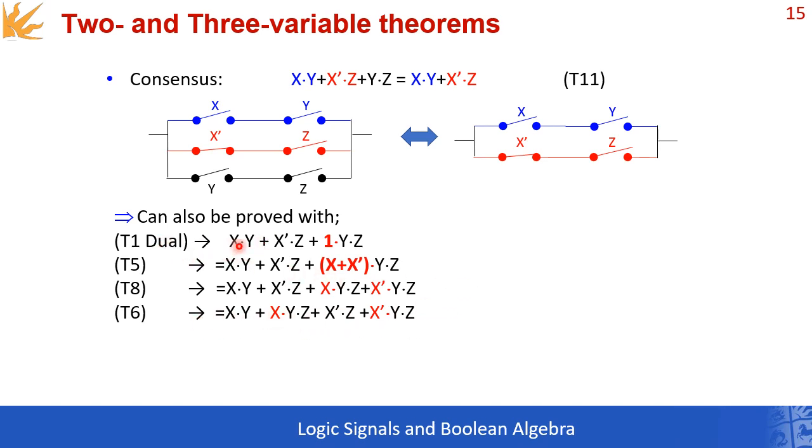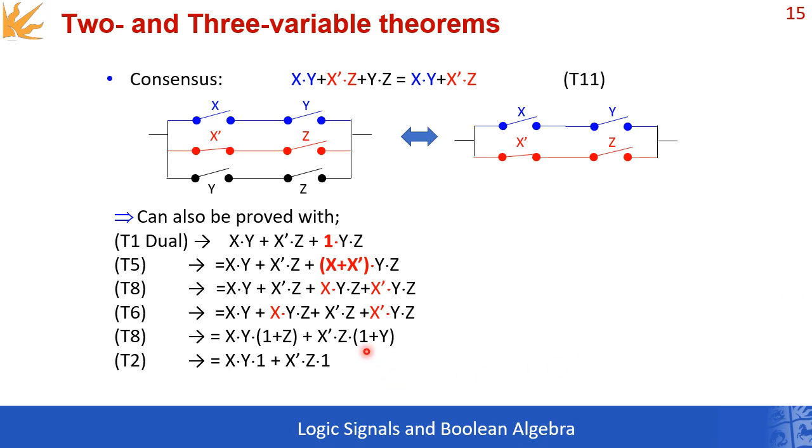So far we started from here, and we ended up, after using these theorems, to this line over here. Again, if we use distributivity, the result takes the form that you see over here.